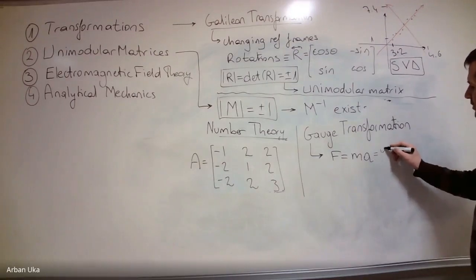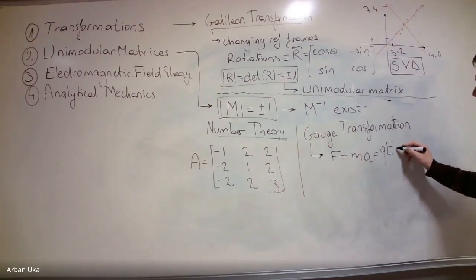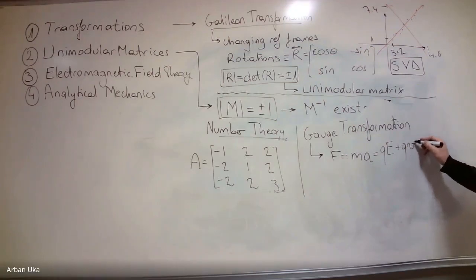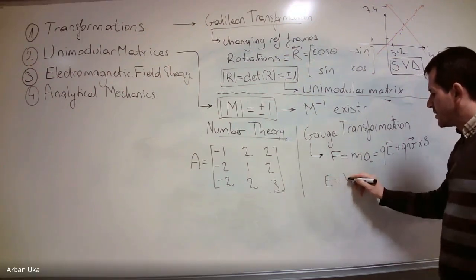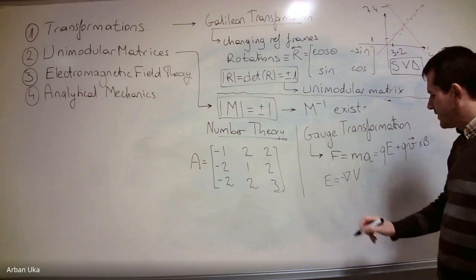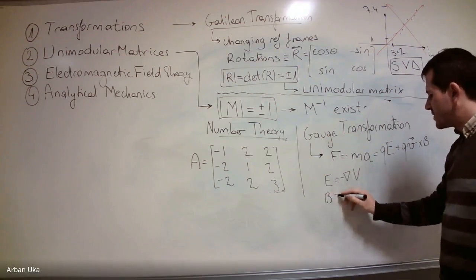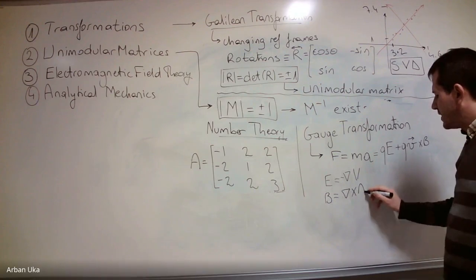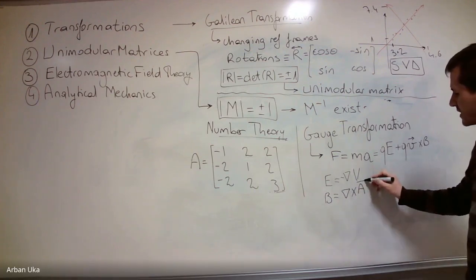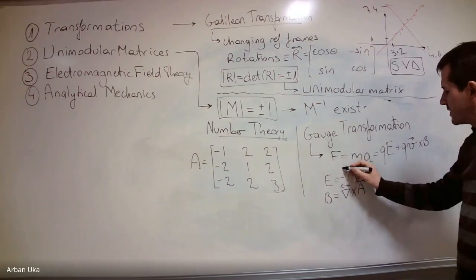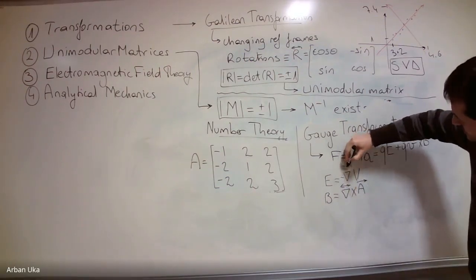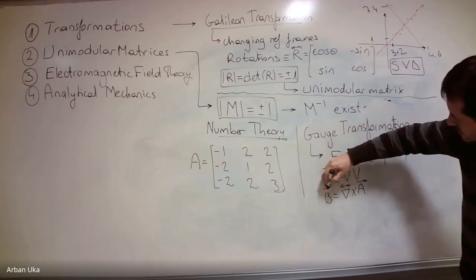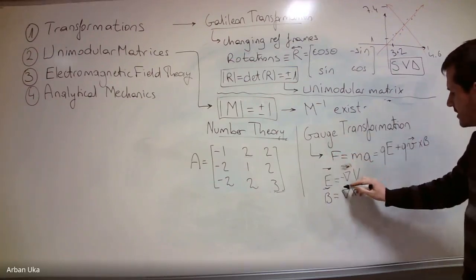Then, if we're talking about charges, we get something like this: QE plus Q times velocity cross B. What we know is that the electric field is equal to minus the gradient of a potential, and the magnetic field is written as the curl of another potential, but this is a vector.